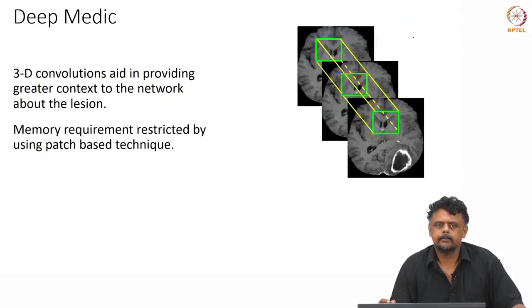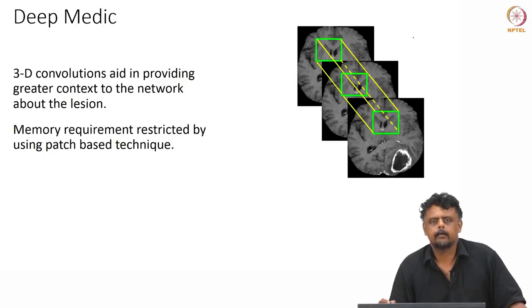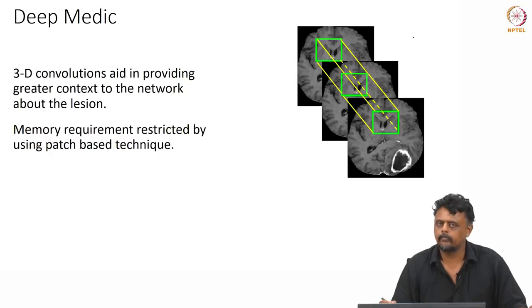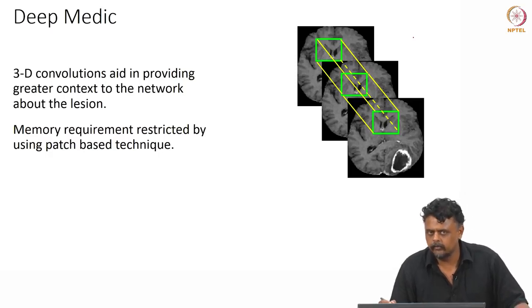The other architecture that we're going to look at is called DeepMedic, from a group in the UK, and they exploited the 3D nature of the input data. So, the slices are correlated across a volume, and of course, since your volumes are of size 240 cross 240 cross 155, it is not possible to give 4 such volumes as input to the network.